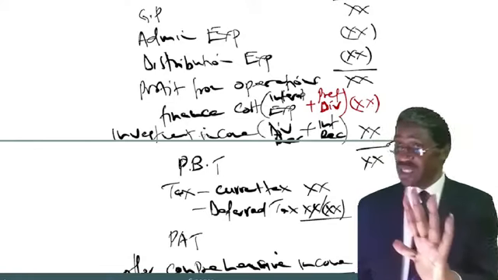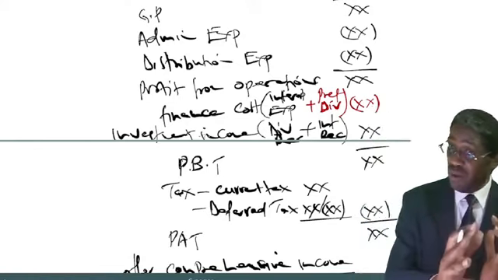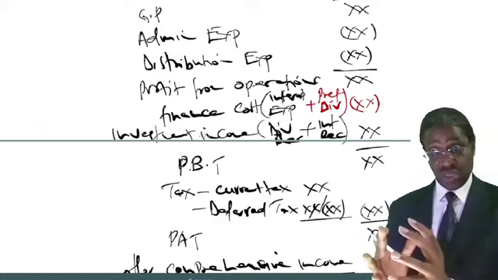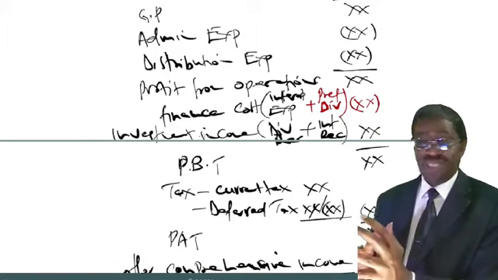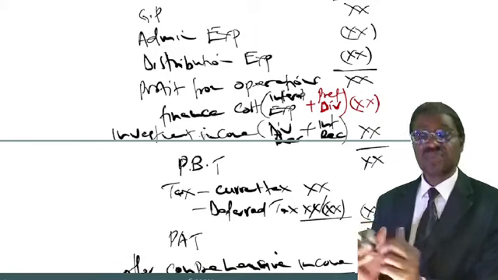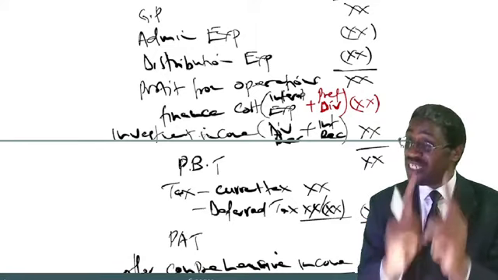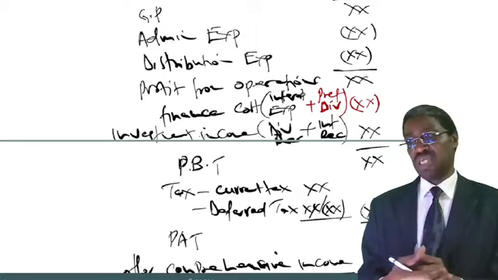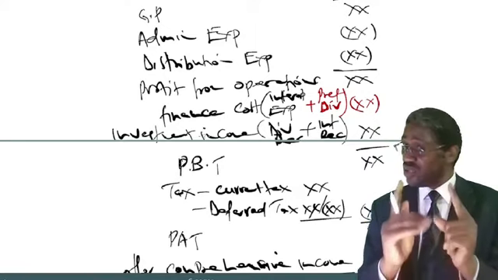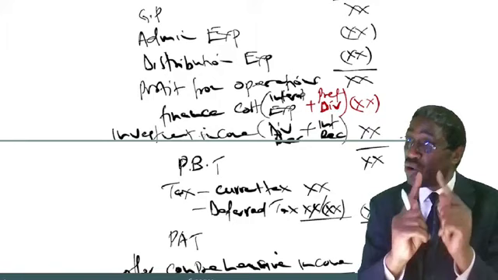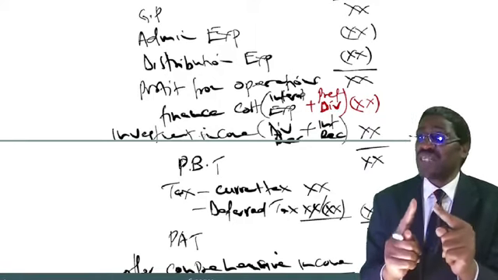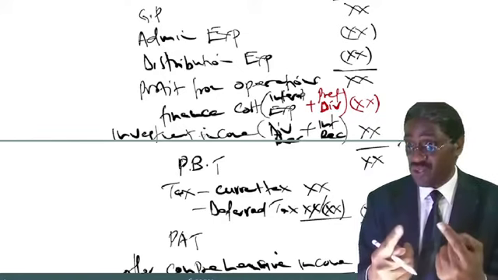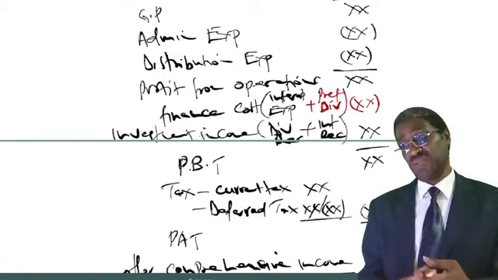We have already agreed, if it's non-redeemable, it's part of equity in the balance sheet, and its dividend is an appropriation of profit. If it's redeemable, take it to the balance sheet as a long-term liability, because as a company you have an obligation to pay back that amount.